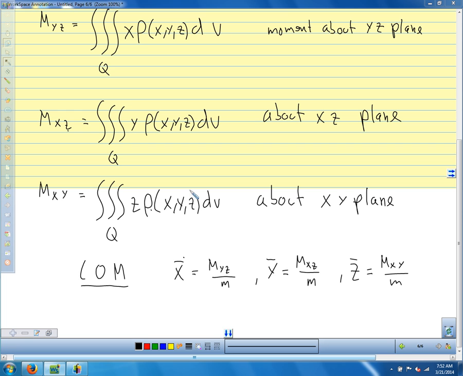We're going to do a similar thing for our second moments, our moments of inertia. So this is our first moment. We're weighting by its distance from the various planes. The second moments we weight by the square of the distance. So that gives us our moment of inertia of this solid region.